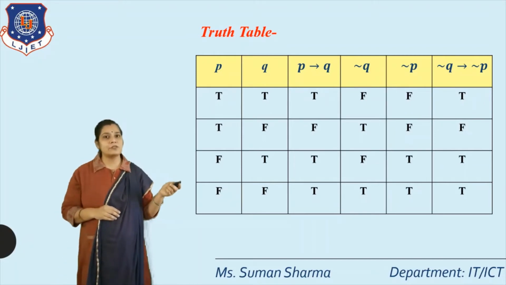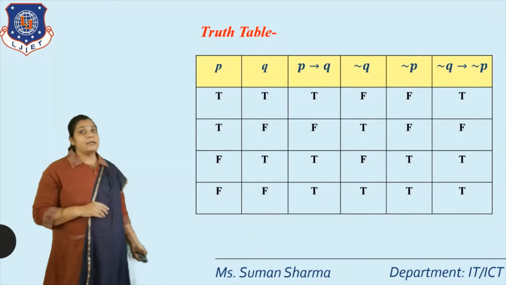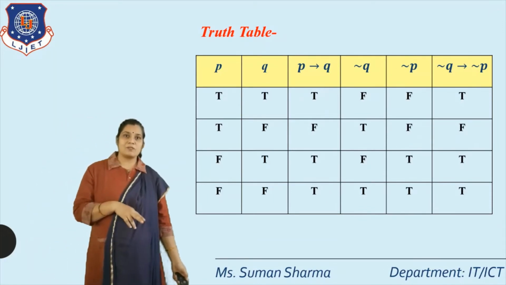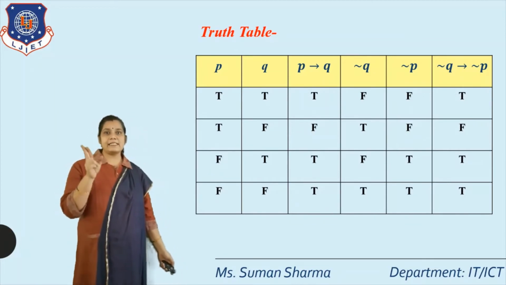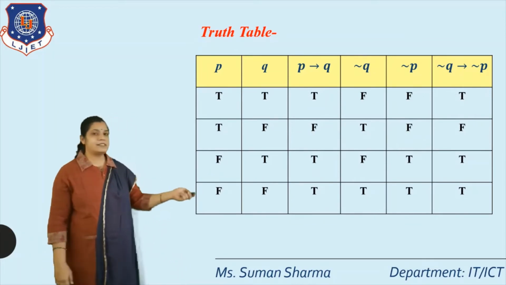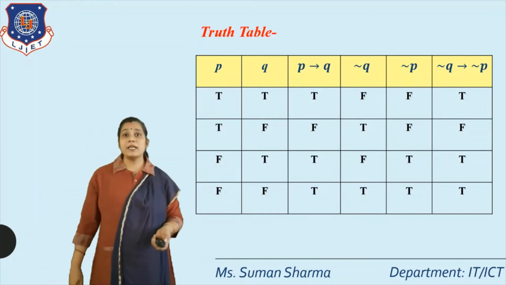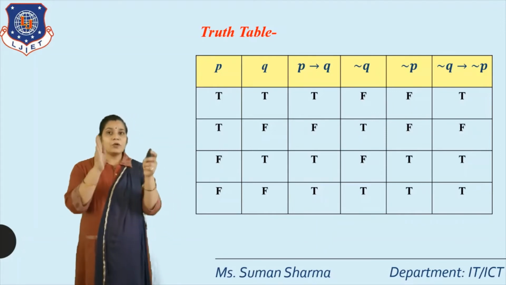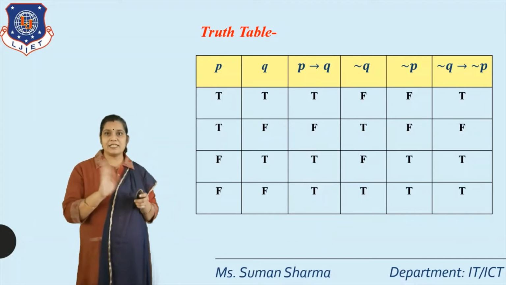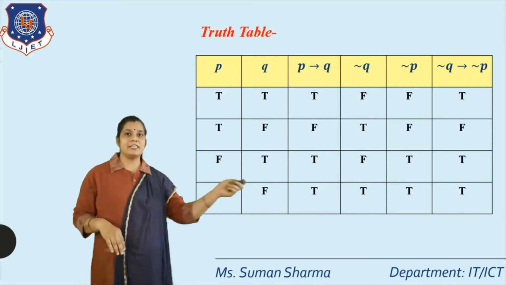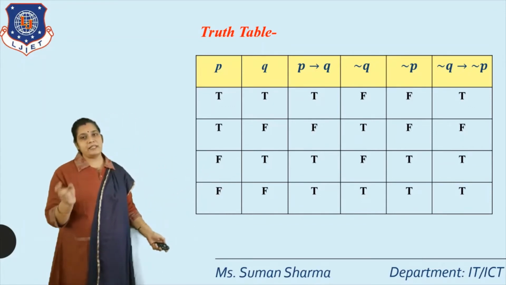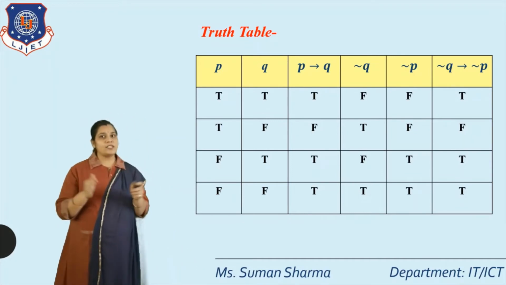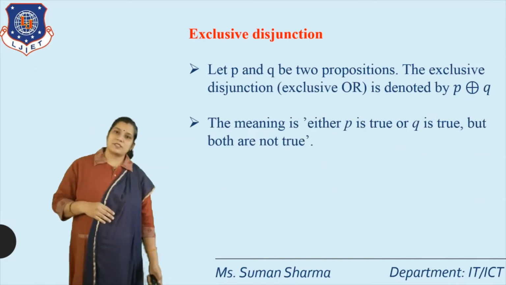So FF is equal to T and TT is equal to T. But according to the second statement, this is the implies form. So in the third row, the second is TF, so you write F, and the third is FT, so you write T. So according to your third column and your sixth column, both columns are the same: T, T, F, F, T, T. That means P implies Q and negation Q tends to negation P are both contrapositive.